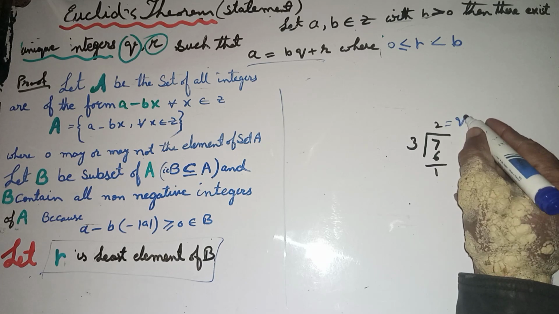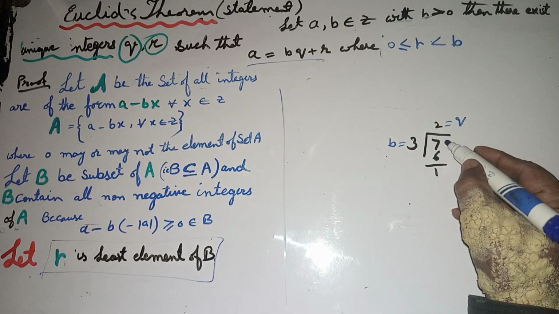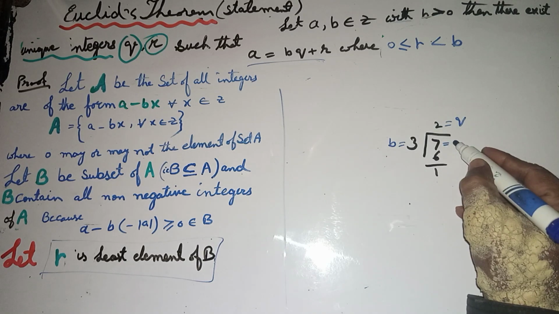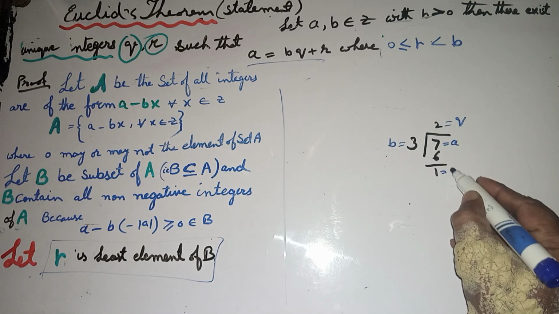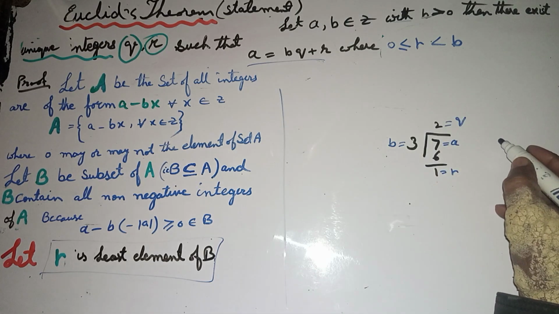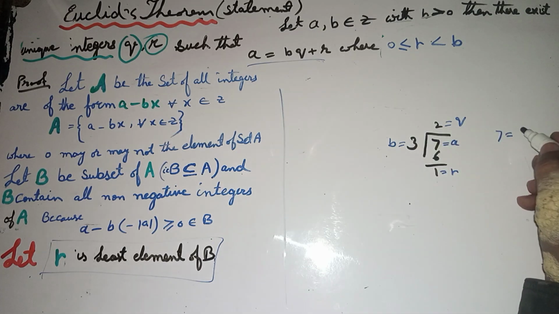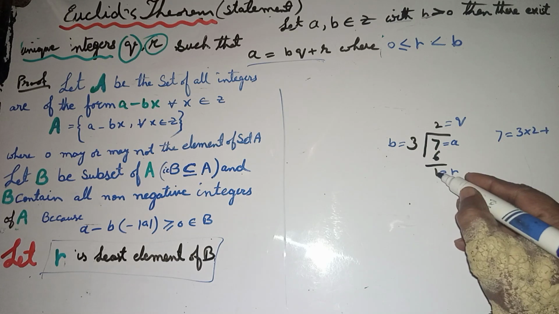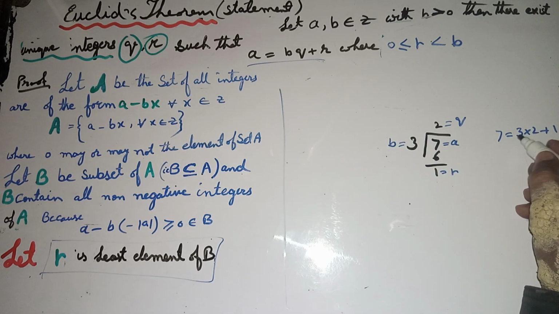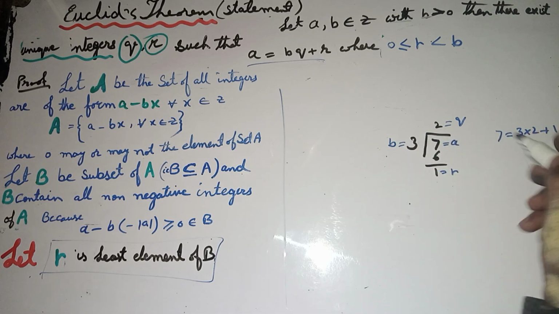This is the quotient, this is the divisor, we say this is B, and this is A, and this is equal to R. Therefore, I can write 7 is equal to 3 multiplied by 2 plus 1. 3 twos are 6, plus 1 is 7. And what are these values?